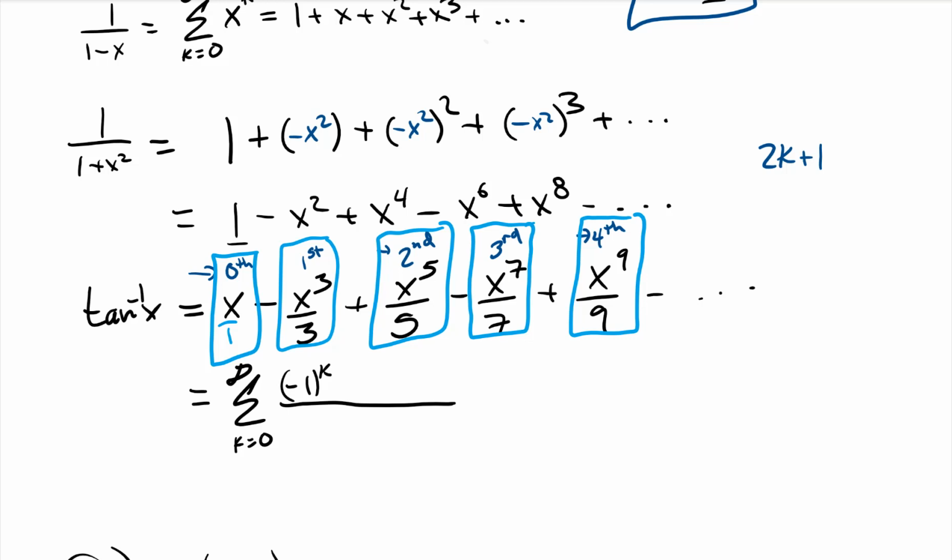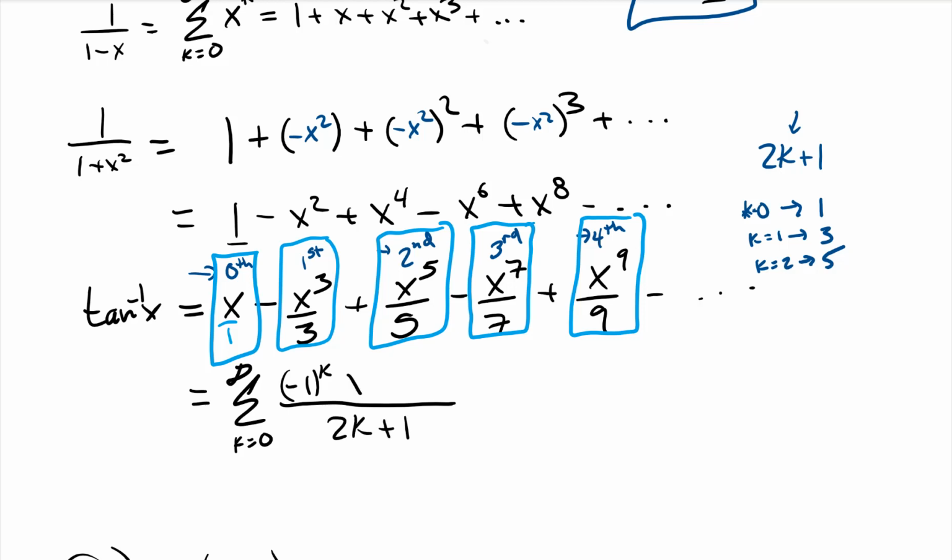This one's going to be 2k plus 1. Check it out. When k equals 0, you get 1. When k equals 1, you get 3. When k equals 2, you get 5. So there's our bottom: 2k plus 1.